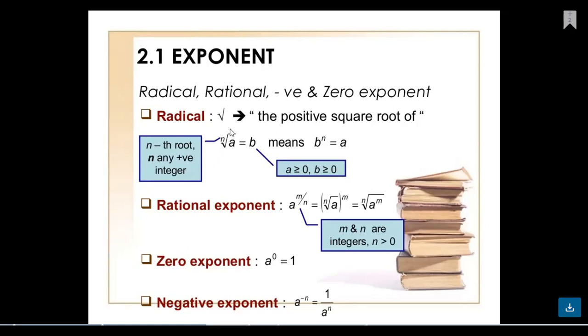Pag ganito, the nth root of a is equal to b, means b^n is equal to a. So a is greater than or equal to 0, while b is greater than or equal to 0.